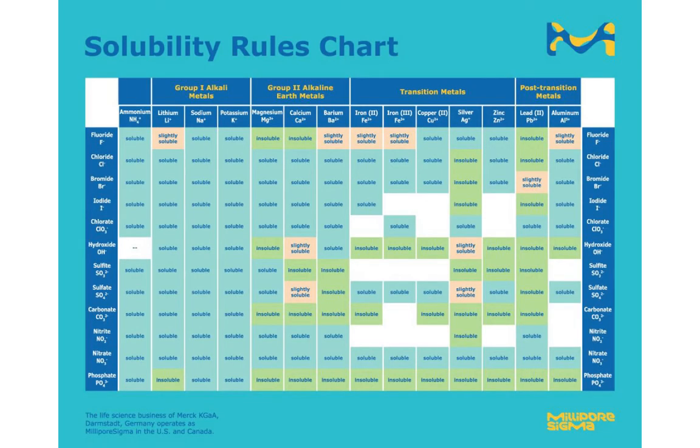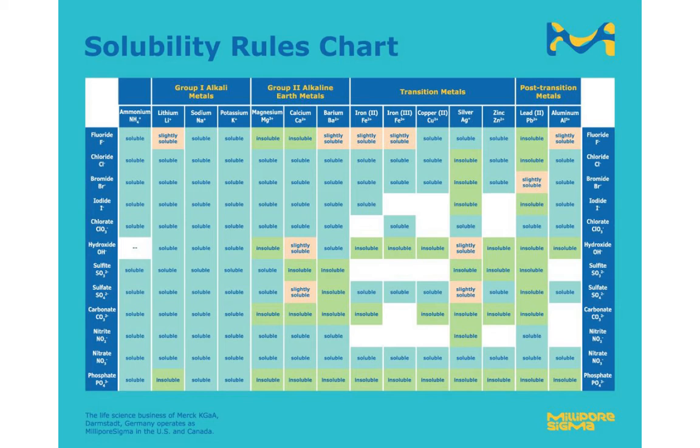So here's a table of the solubility rules, and what you can see is that you're able to look on here and say, okay, I have fluoride as the anion and ammonium as my cation, and together those are going to be soluble. So they will dissolve in water and become ions in water.